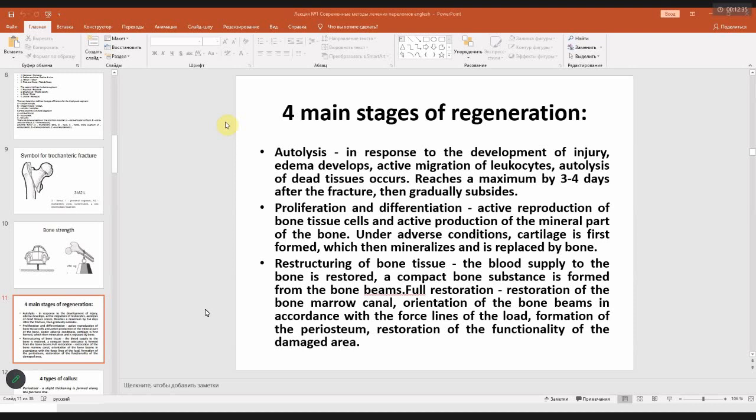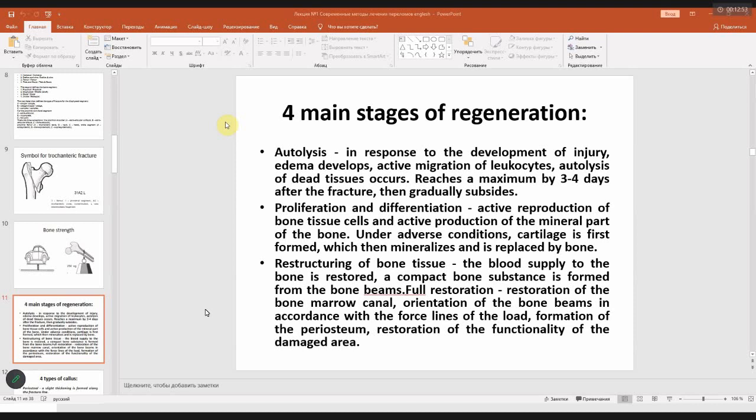3. Restructuring of bone tissue. The blood supply to the bone is restored. Compact bone substance is formed from the bone beams.